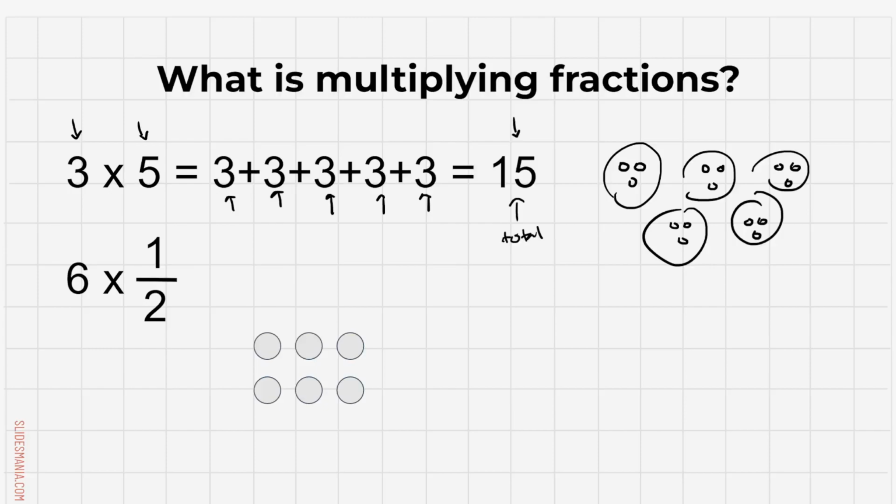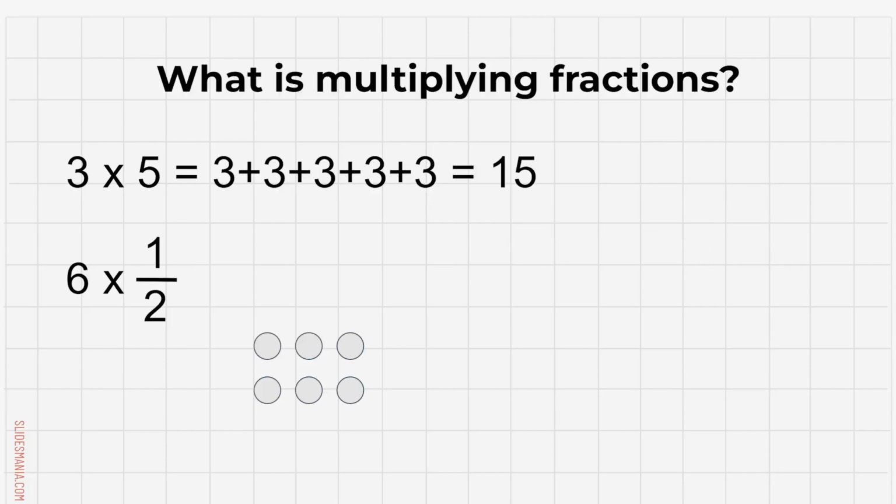So what does it mean then to multiply a fraction? Well, we have a group of 6 things right here, right? A group of 6 things. But we only have half of a group. So instead of adding over and over again, you can't add over and over again something that is less than 1, right? Here we're adding 3 5 times. How do we add 6 a half a time?